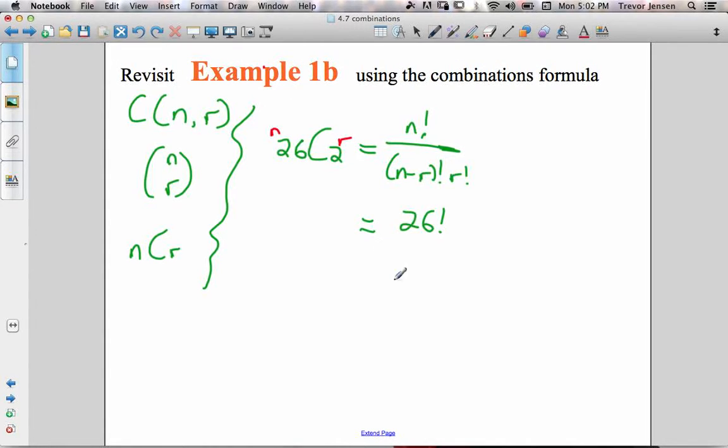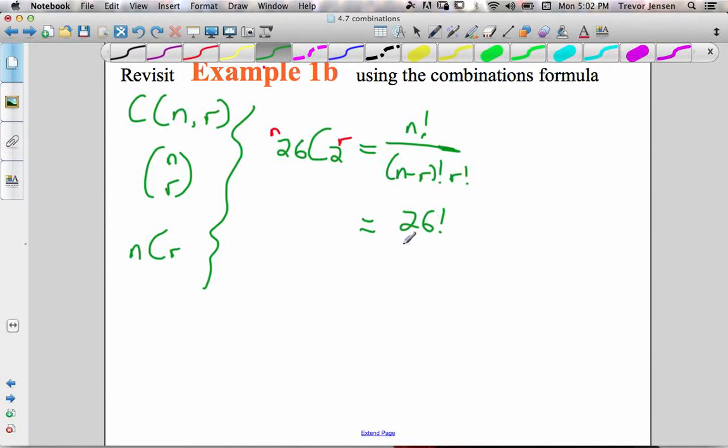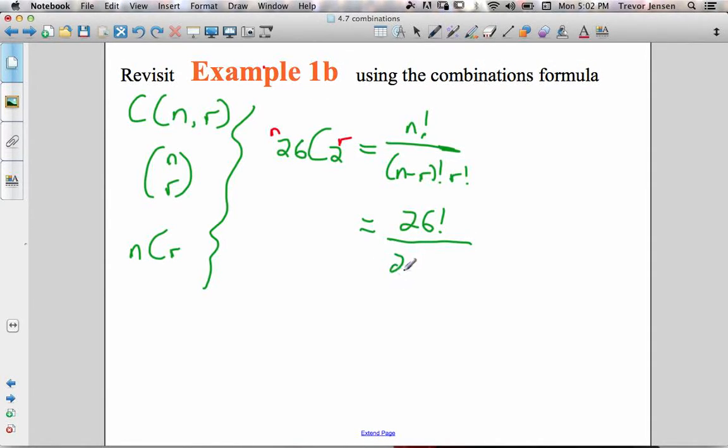So I have to do 26 factorial over n minus r factorial. So 26 minus 2, which is 24, so 24 factorial, times r factorial in the denominator as well, so times 2 factorial. So I need to divide by 2 factorial because that's the number of ways I could arrange the people in each handshake. So I've counted each handshake twice too many times, so I've got to divide by 2 factorial.